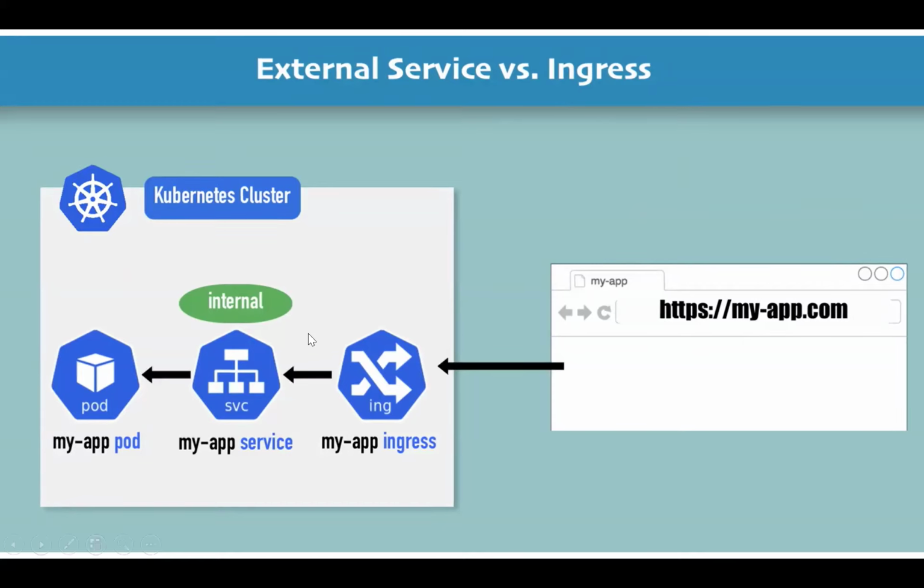So this goes like this. Your app request first comes to the Ingress, which sends the request to my app service, which was external when not using the Ingress, but now it is the internal service. The internal service goes to the pod, and the pod will reflect back your application. Got it? Yes.